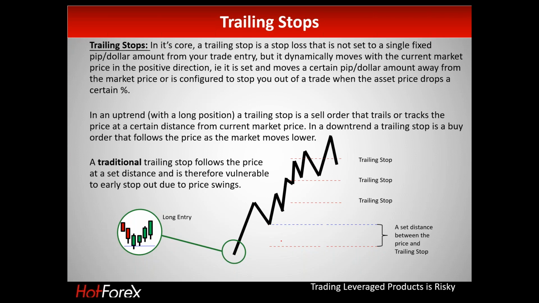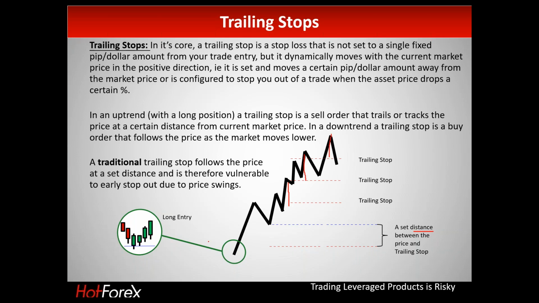The trailing stop was set over here, having this distance. As the asset was moving higher and higher, the trailing stop was moving in the same direction with the price, holding this distance that we have set in advance, okay? Holding this distance, and so on and so forth.